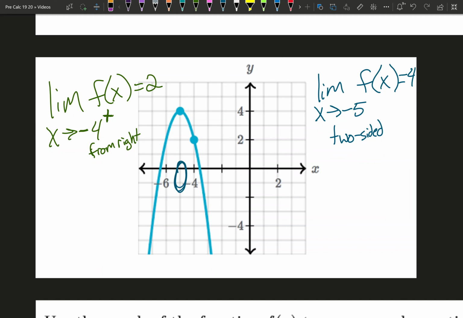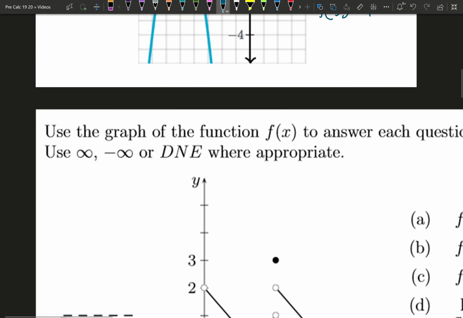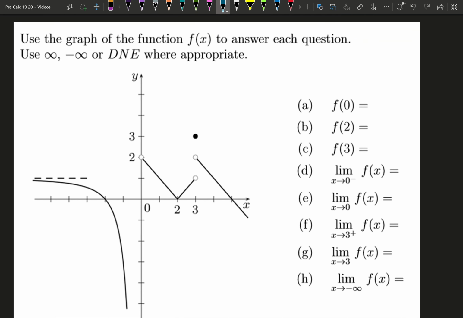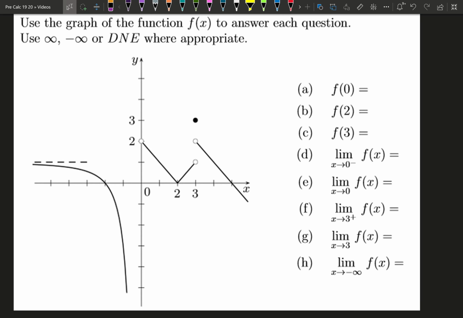Now, the function exists at f of -5, like in this case, f of -5 is also equal to 4, but it does not need to be for the limit to be the same. So let's look at some examples here. We've got a graph.